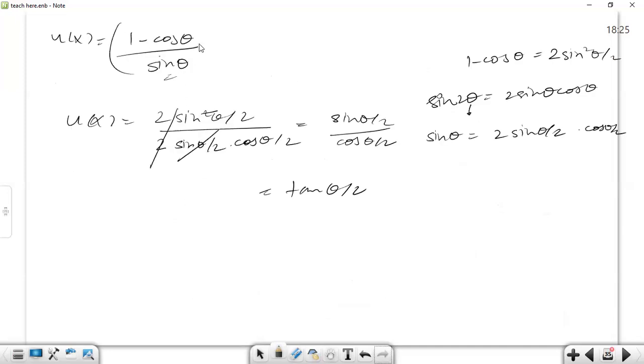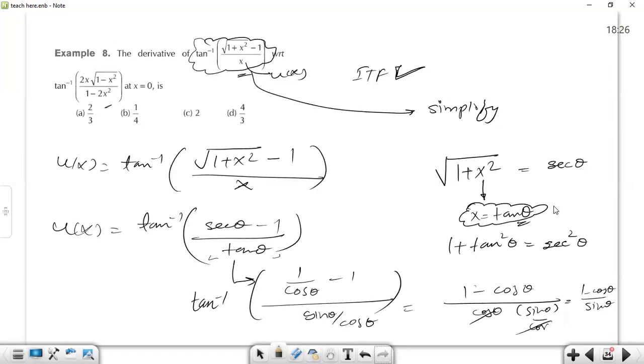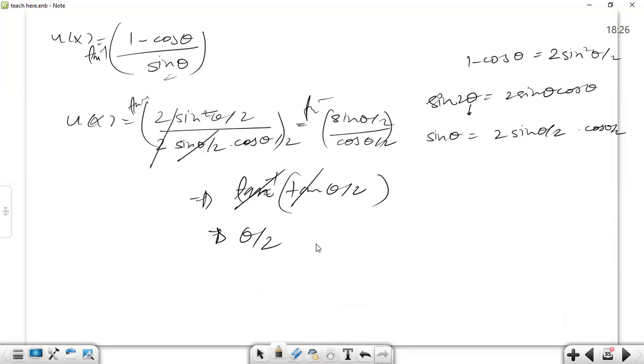So tan inverse of tan theta by 2 will cancel and come out as theta by 2. What was theta? What was our assumption related to x? x is tan theta. So theta is tan inverse of x. Simple. So here it will become half into tan inverse of x.